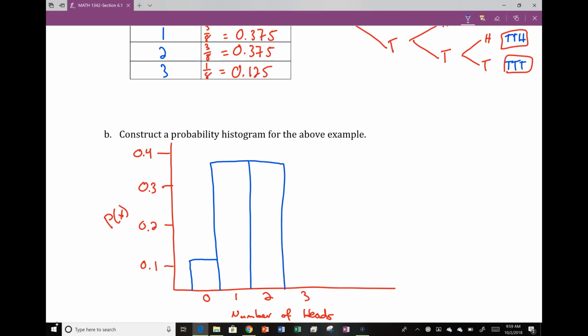There we go. And then 3 heads was 0.125 again. And there we go. We have now created a probability histogram. I recommend that you work on trying to create probability distributions and probability histograms. Let me know if you have any questions.